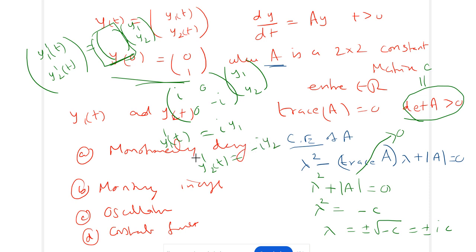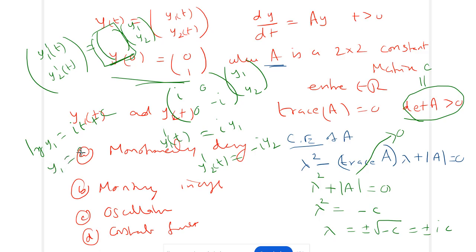So what is the nature of the solution? Log y1 equal to y1 dash divided by y1, equal to it plus c.